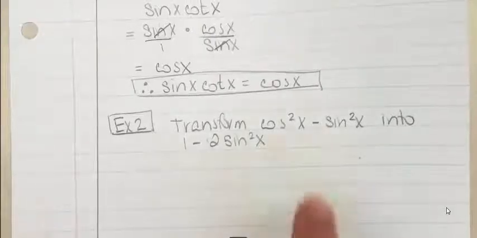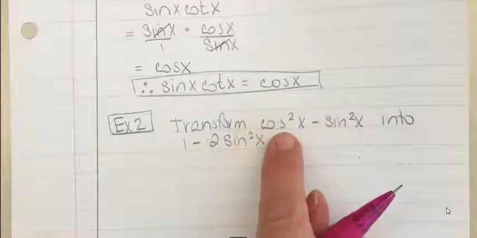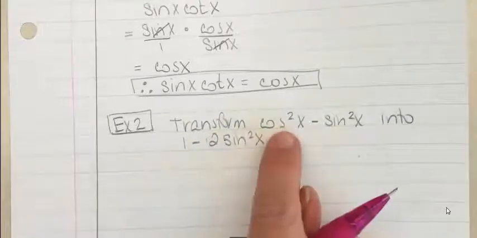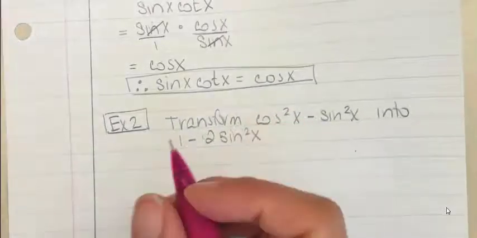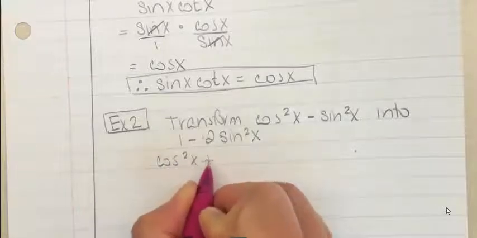So I start here with a cosine and a sine, and I basically want to get rid of the cosine. So I need to be thinking to myself, what's another way to write cosine squared? And you might want to think to yourself, that Pythagorean identity, this is going to come up a lot.